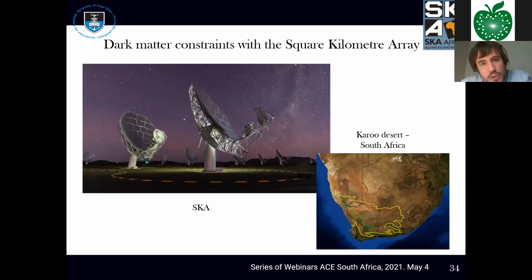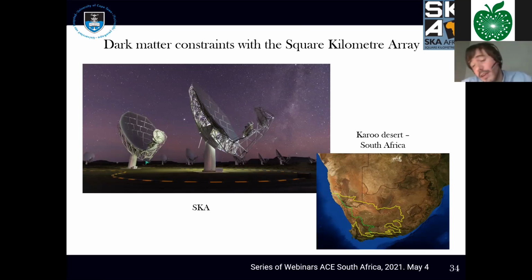As you know, the Square Kilometre Array is a worldwide project in which many countries participate, and it is, of course, a set of radio telescopes. One part of those telescopes is in the Karoo Desert in South Africa, and another part is in Australia.